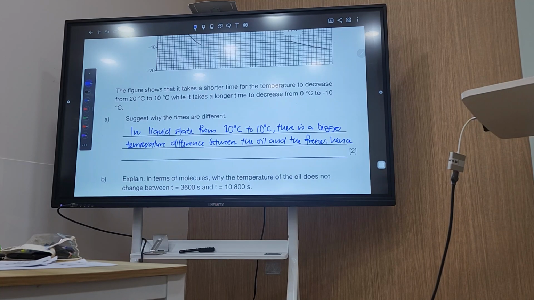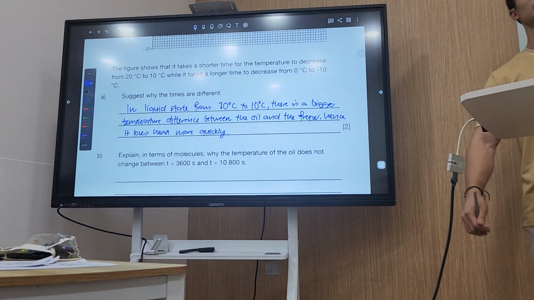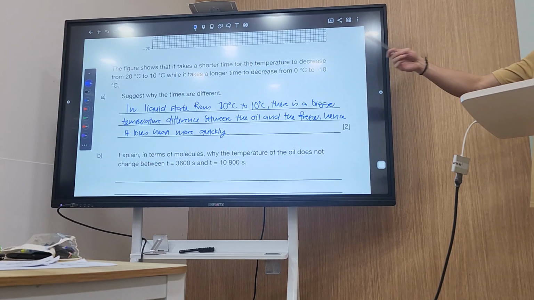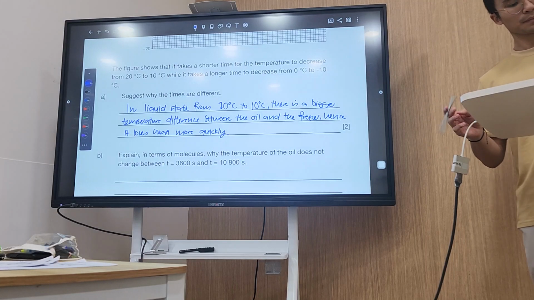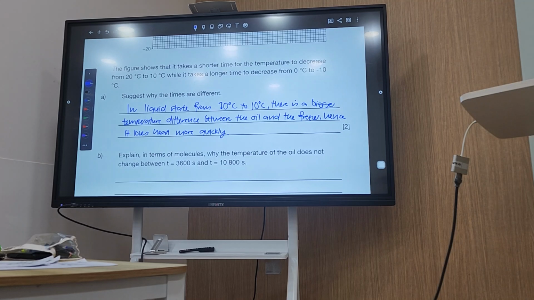Hence, it loses heat more quickly. Finish. Alternatively, of course, you can say that it is at a higher temperature, so it will lose heat more quickly. That's fine as well.